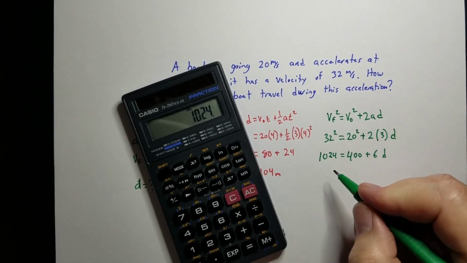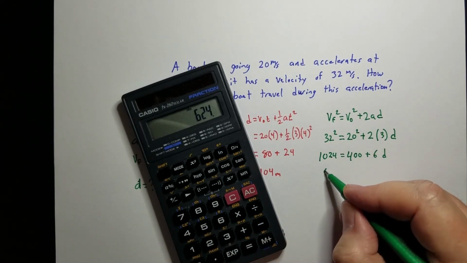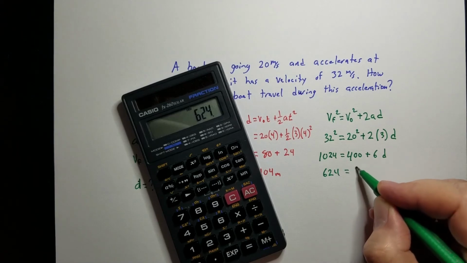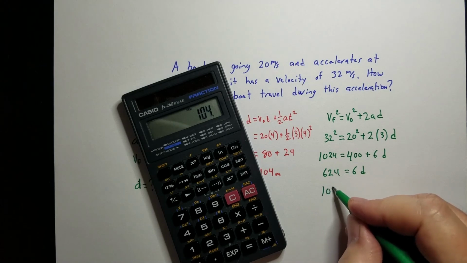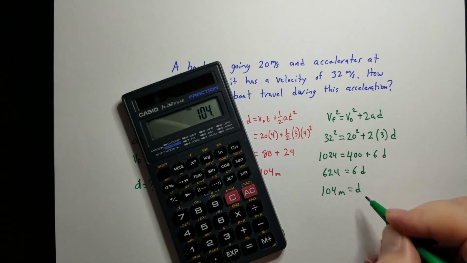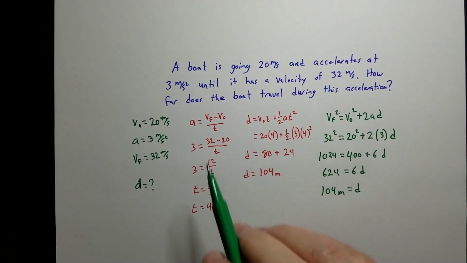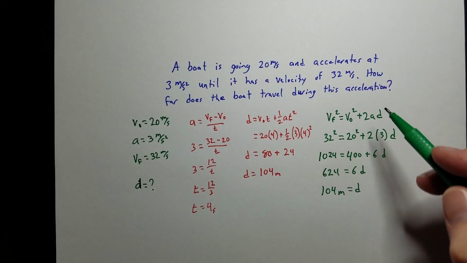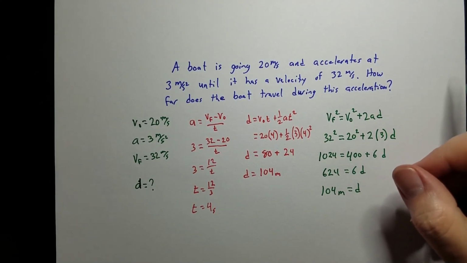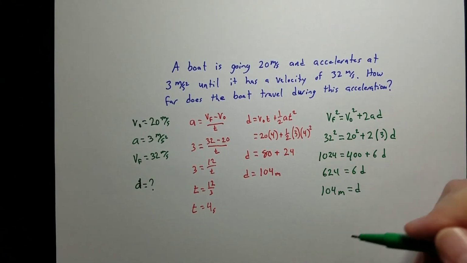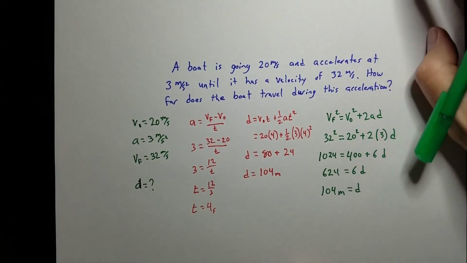Subtract 400 from both sides, so that gives us 624 equals 6d. Divide by 6, and we get 104 meters for the displacement, and they match. Here we had to do two steps, while this one is just one equation. That's the power of using this. I'm never asked for time, so I don't care, and I go straight to the answer.